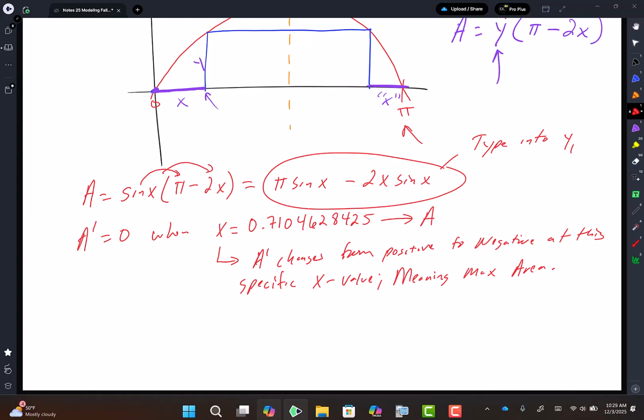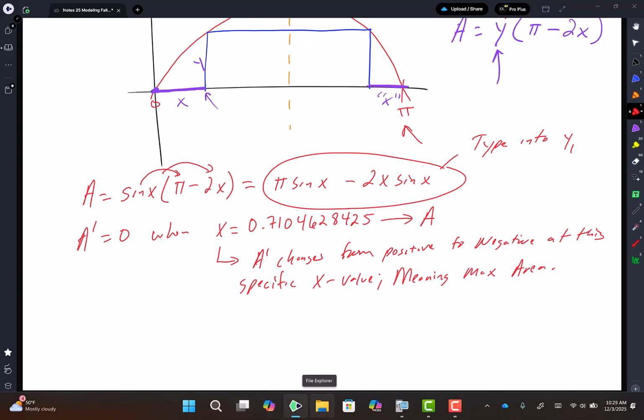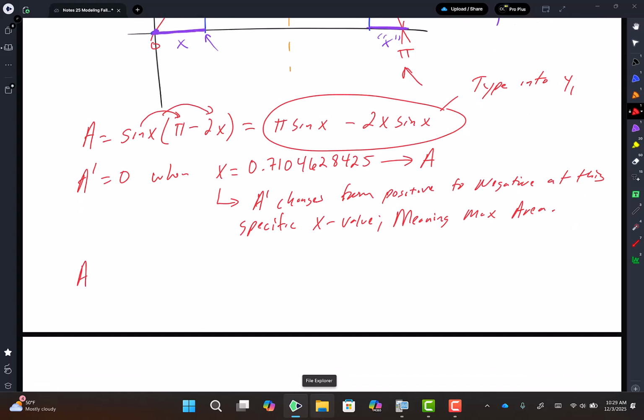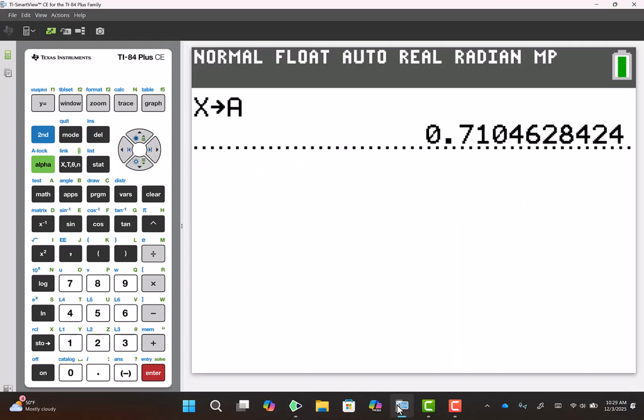Let's find out what the max area is. Don't worry, I'm slowing down. You don't have to do anything by hand, guys. Area at 0.7104628425 equals. Go to your calculator, and we'll go slow.